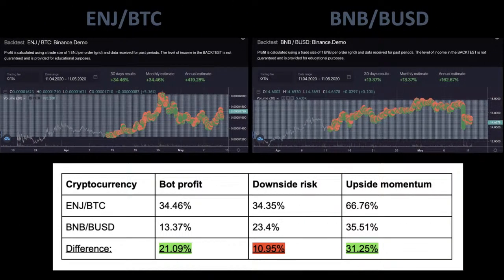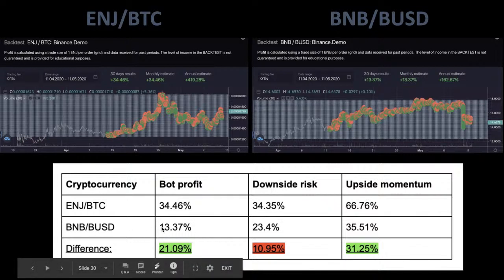So combining this, taking it into consideration and applying the comparative analysis, here's what I have. For NG and BTC, my bot profit would be 34%, according to the backtest result. And for the BNB, it would be only 13%.